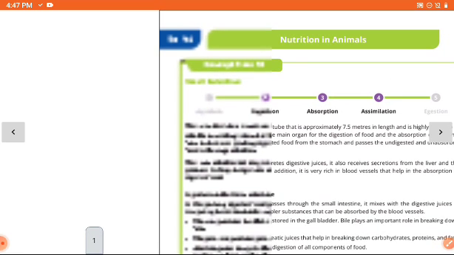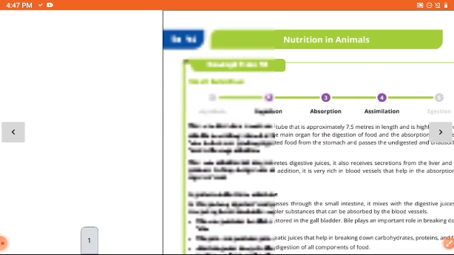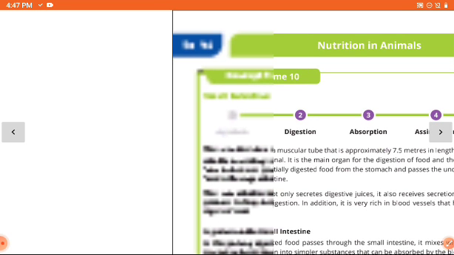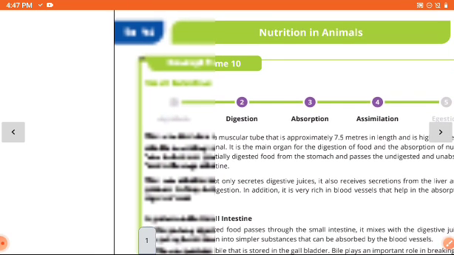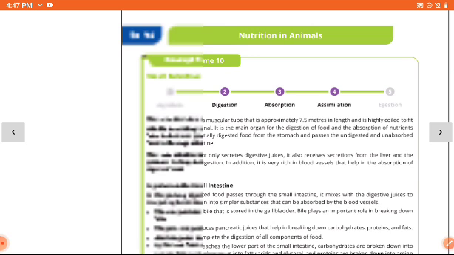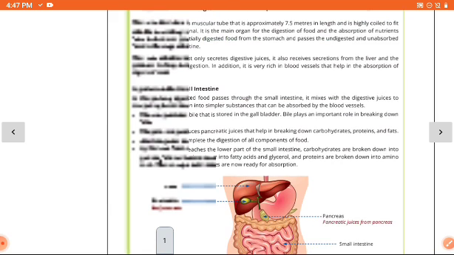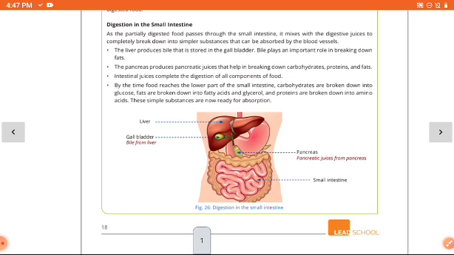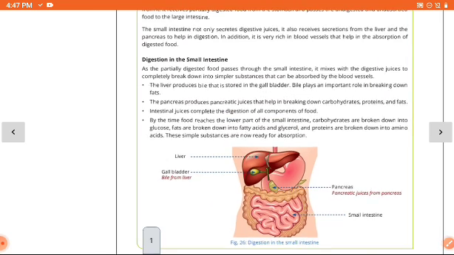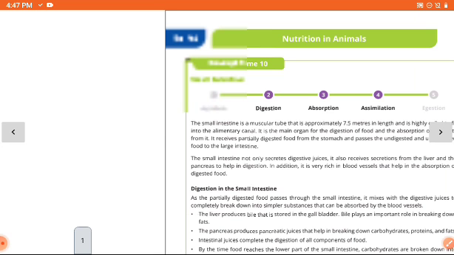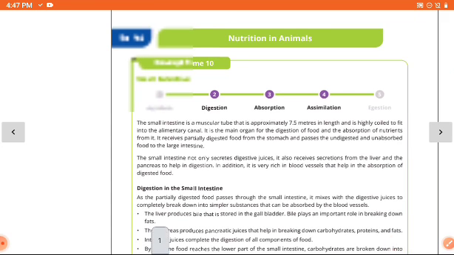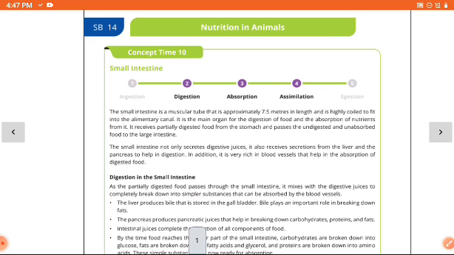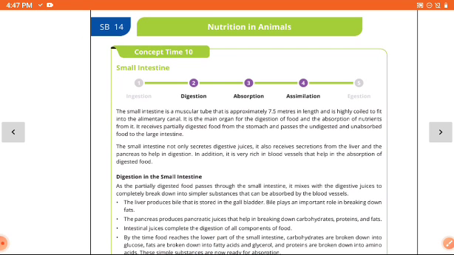You have to practice and read concept time 10, which helps to understand the steps of digestion and the functioning of the liver, pancreas and all. If you have a problem related to this topic, you can text me or message me anytime. You have to practice SB 14, 15, 16 and 17.